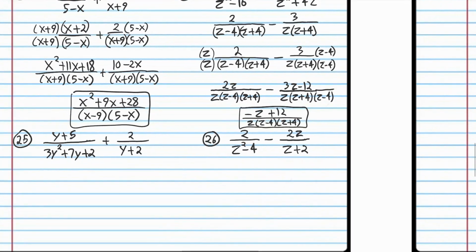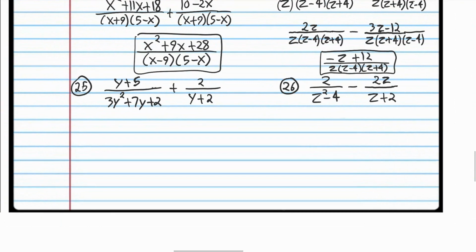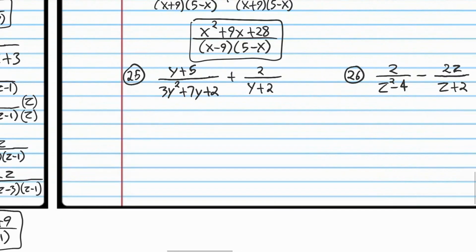All right, on to number 25. Try number 25, and when you come back, we'll do it together. All right, we're back. So as usual, the first step is to factor. And I don't know if that's going to work, so I have to test that denominator on the left side.